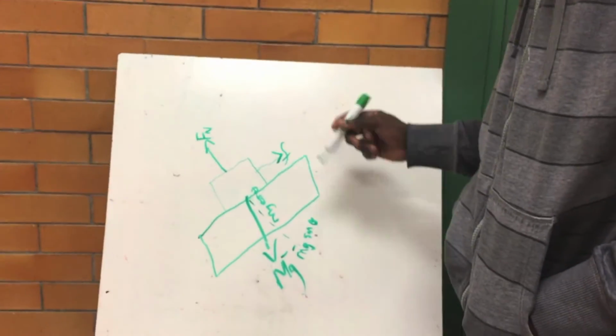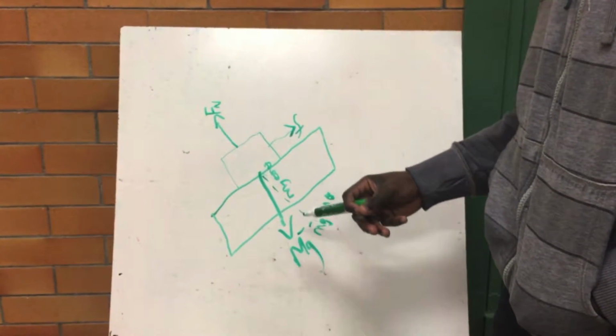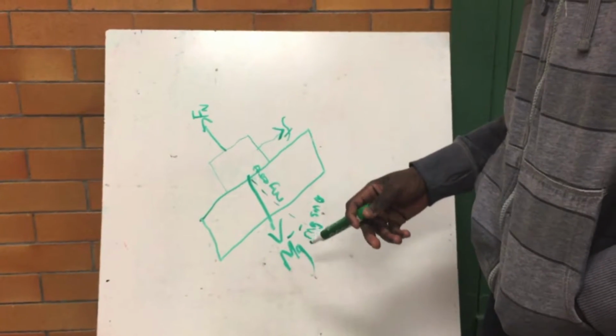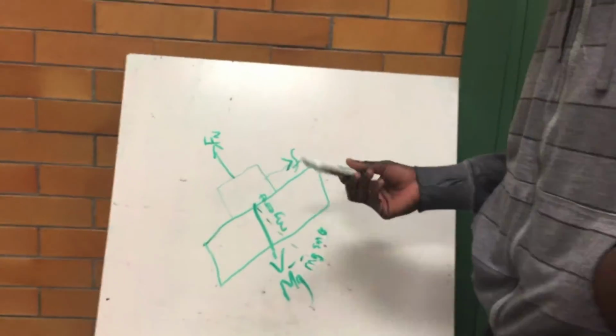So this was the normal force acting on the book, and then this was the friction. This was the force of gravity, also known as mg, and we found the force parallel and force perpendicular.